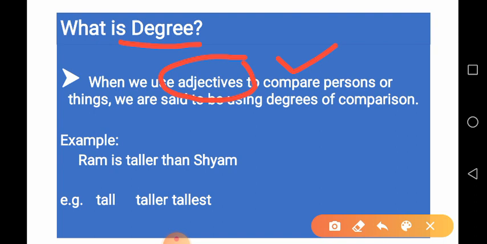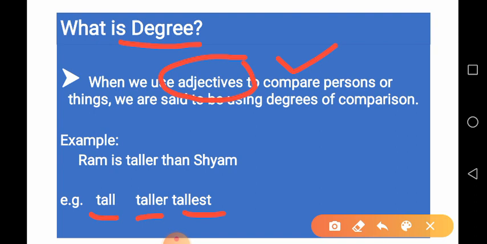We can make it cleverer in a comparative degree and cleverest in the superlative degree. As we have word here tall, it is called positive degree, taller comparative degree, and tallest it is superlative degrees.